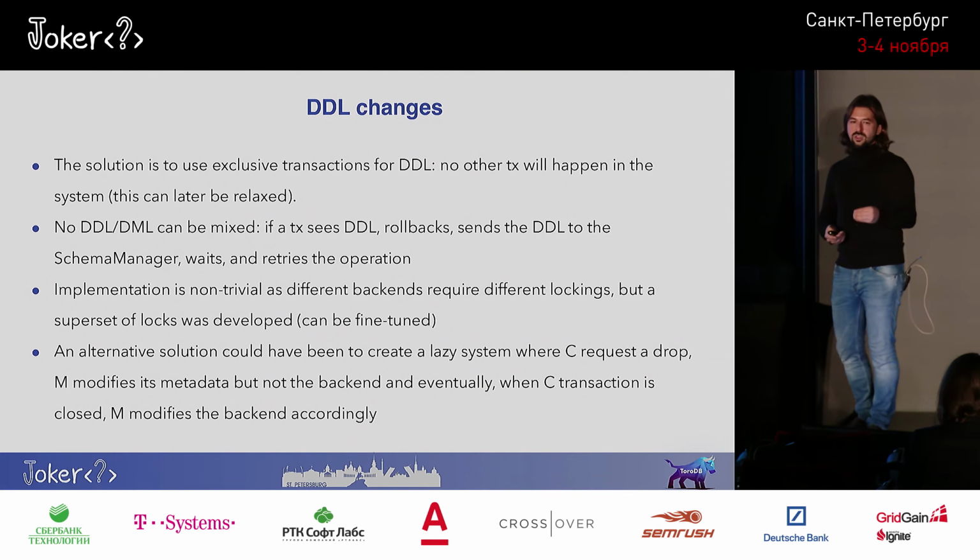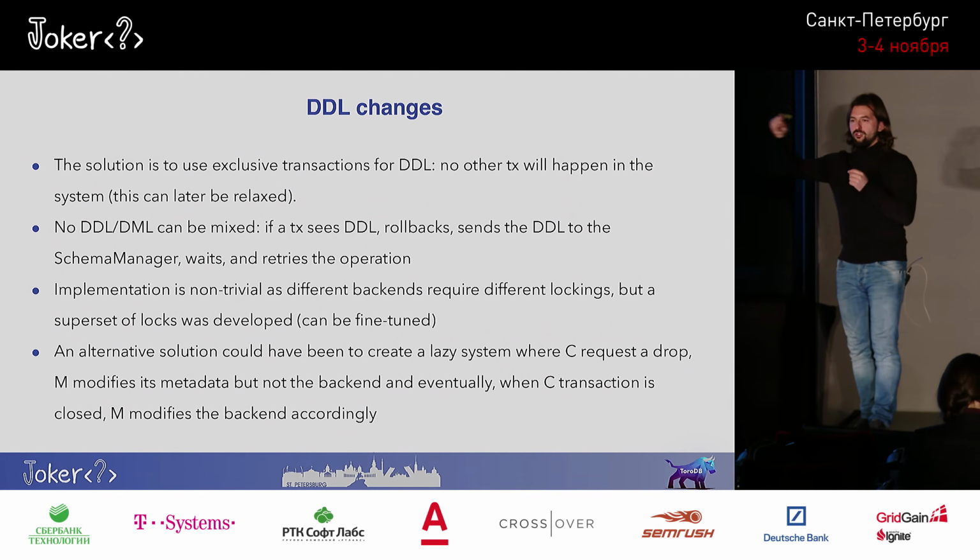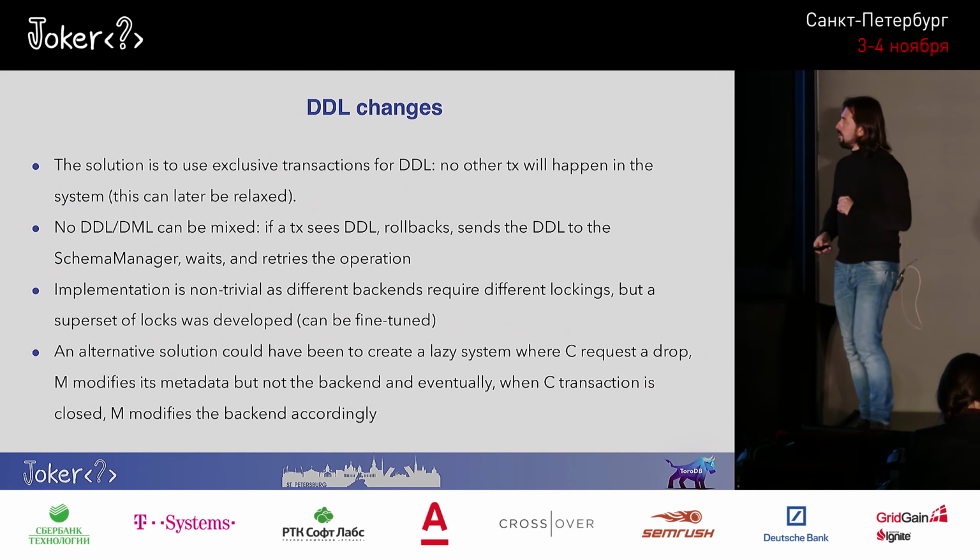Because now, the DDL will not be executed, because before executing a DDL, we go to the cache, and in the cache this column already exists, so this transaction will proceed.